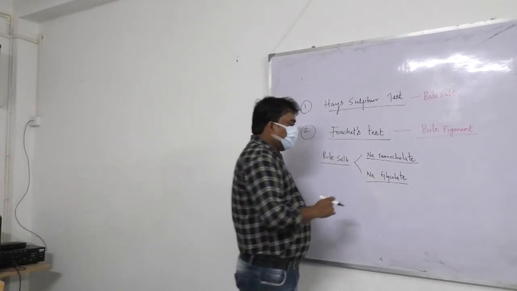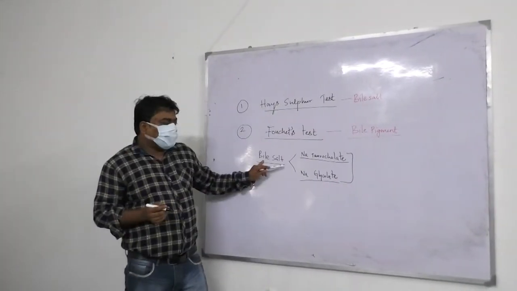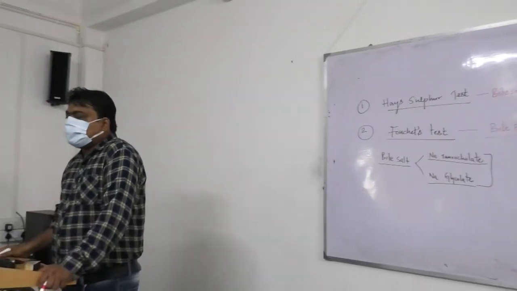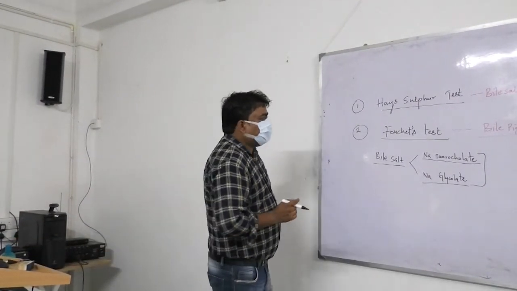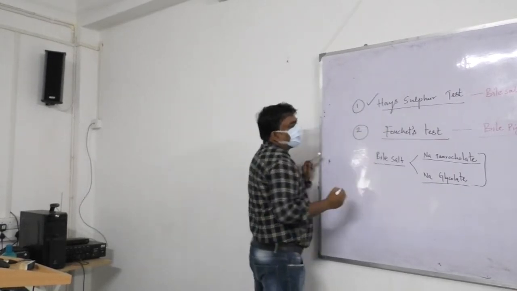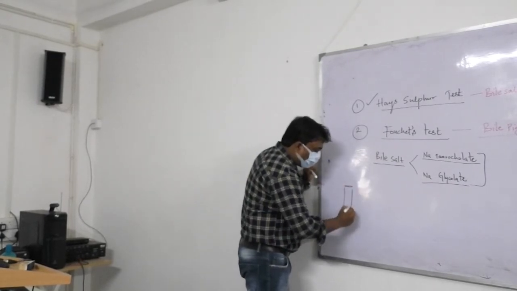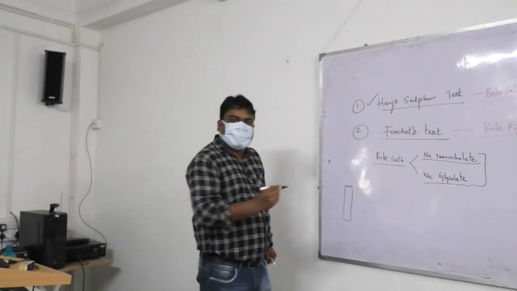Understand? Now, when these are excreted in the urine, in the case of obstructive jaundice, we can identify them by the Hay's sulfur test. The procedure of this test is very simple. We have to take two test tubes.